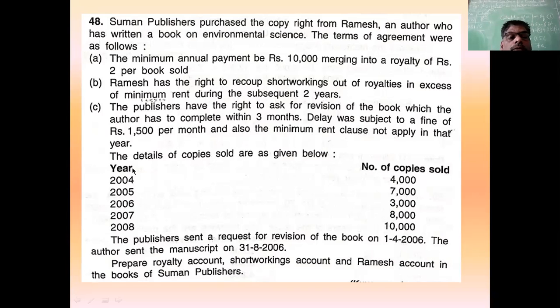Then the books printed and sold details are given for 2004, 2005, 2006, 2007 and 2008, with the number of copies sold. The publisher sent a request for revision of the book on 1/4/2006, which means in the third year.